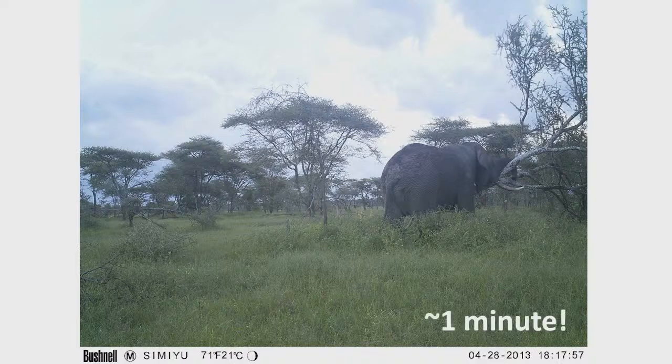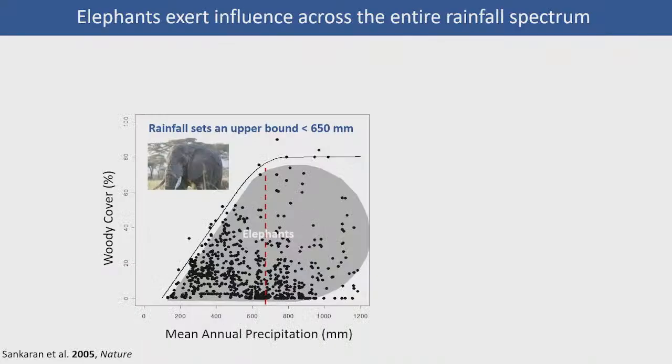This is a 40 to 60-year-old acacia tortilis, had been growing in this savanna site, and within a minute is able to take it out and knock it over. So obviously these elephants are really important agents of disturbance, and we need to think about them when we're trying to understand woody cover across savannas. And given their large ranges and large dispersal capabilities, elephants really exert an influence across this entire range.